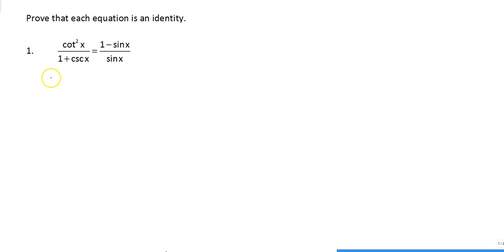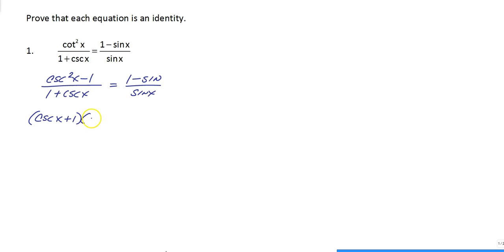Cotangent squared x can be written as cosecant squared x minus 1, and that of course is all over our 1 plus cosecant x. Now the next thing you'll notice is the fact that cosecant squared x minus 1 is the difference of two squares. So this would factor to cosecant x plus 1 and cosecant x minus 1, and that's all over 1 plus cosecant x.